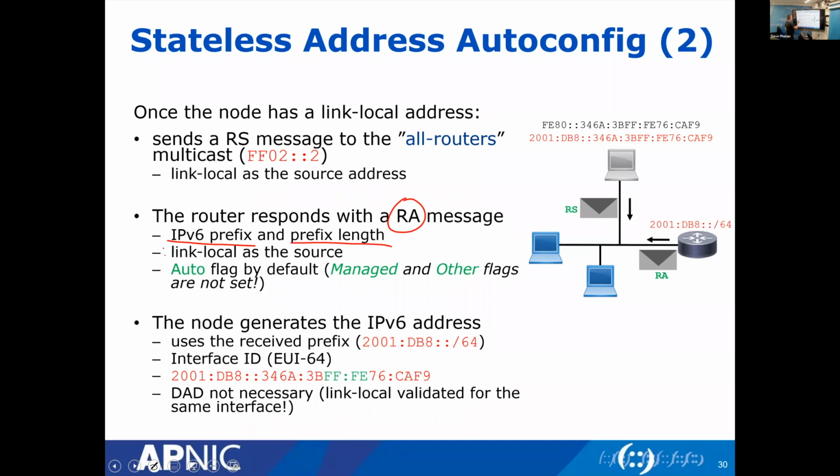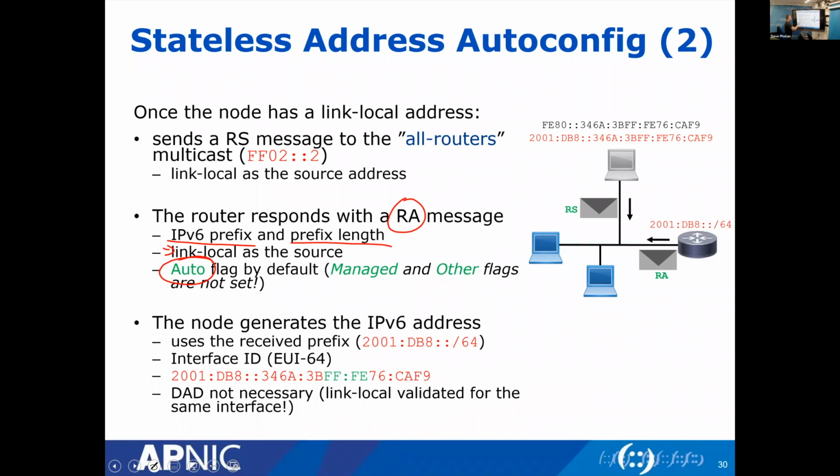It's going to source that from the link local, and by default, unless you say otherwise, it's going to use what's called the auto flag. There are two other flags, managed and other. We're using the auto flag. We're saying, hey, we're doing SLAAC here, we're doing auto address configuration. I've given you the bits of information I know. You go and sort it out.